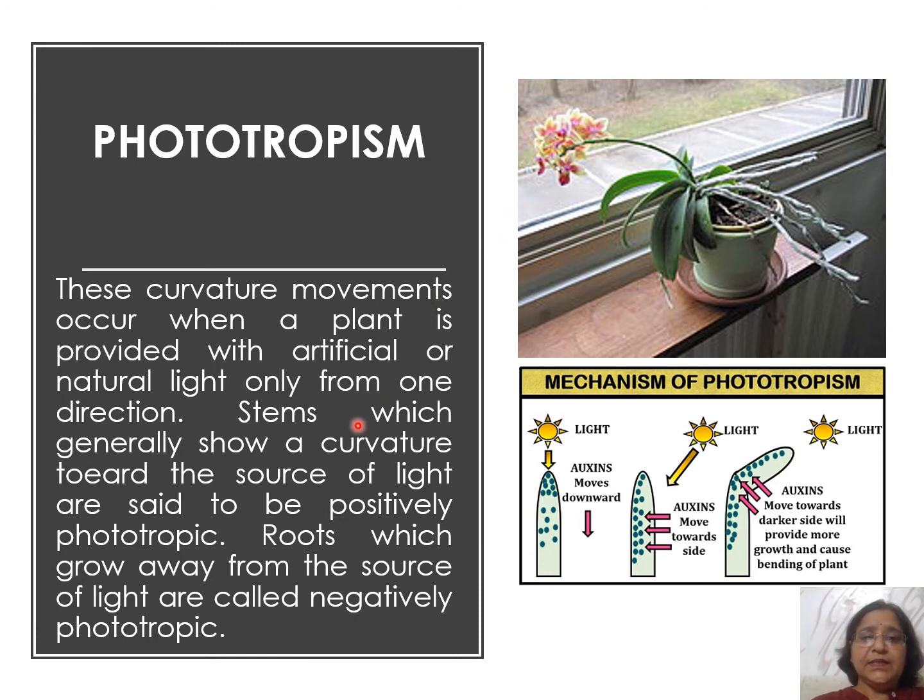The stems which generally show a curvature toward the source of light are said to be positively phototropic. The roots grow away from the light, this is the negative phototropic effect. And the leaves are at right angle to the source of light so that they can have maximum light, this is the plagiotropic effect.